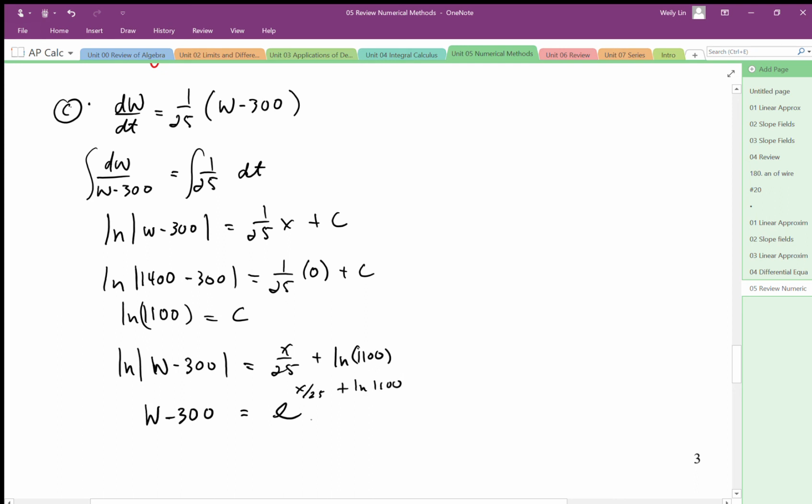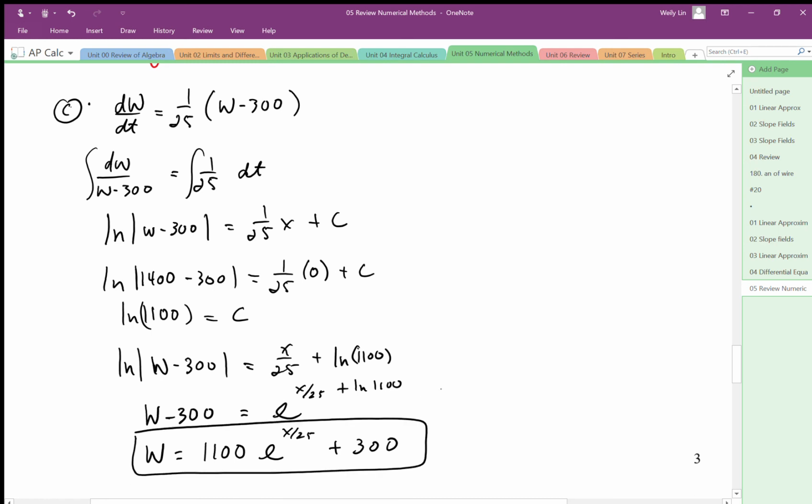Well, e to the log 1100 is just 1100. So we end up with W equals 1100 e to the t over 25, and then plus 300. So there is a solution to my differential equation. In case you might have missed this step, this was e to the log 1100 times e to the t over 25. That becomes 1100. So that's how I get that 1100 there.